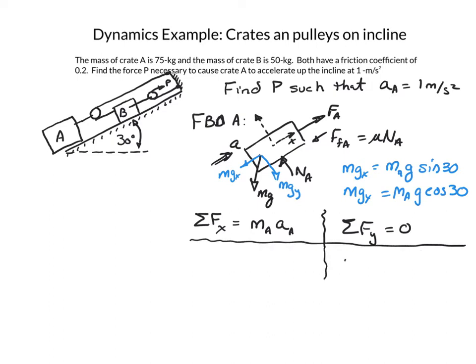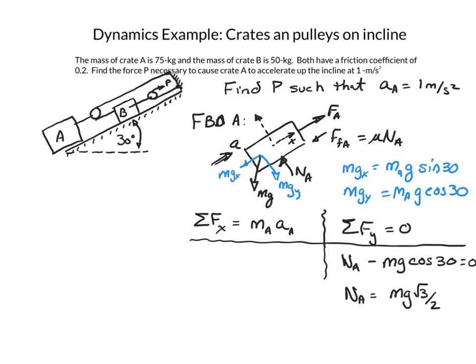This one's going to be easy. It's just NA pointing up minus mg cosine 30 pointing down, and that's equal to 0. Therefore, NA is nothing more than mg root 3 over 2, which is the numeric value of cosine 30.